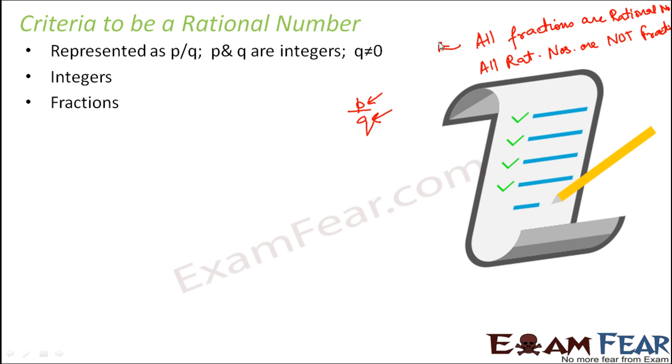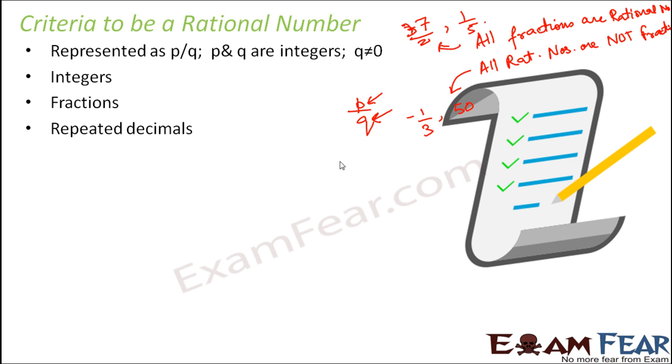Let's say you think of any fractional number, 37 by 2, or 1 by 5. All of these fractions are rational numbers. But when you think of a rational number like minus 1 by 3, this is not a fraction. You think of a rational number like 50. This is a rational number, but this is not a fraction. So all fractions are rational numbers, but all rational numbers are not fractions.